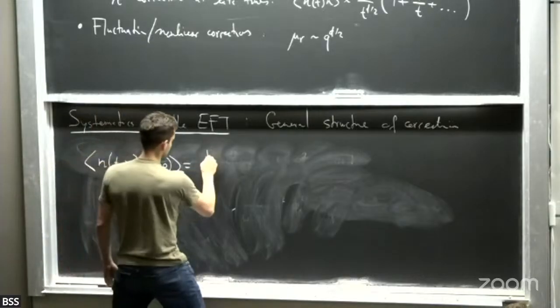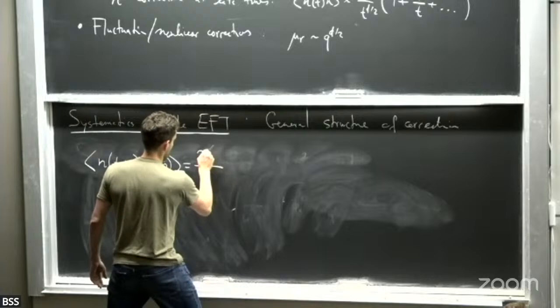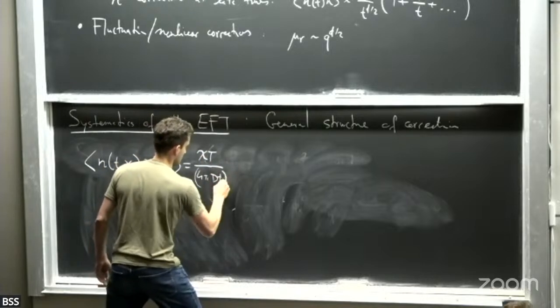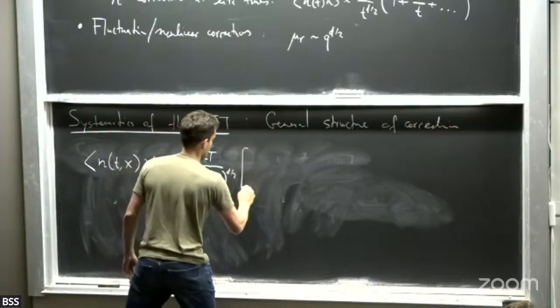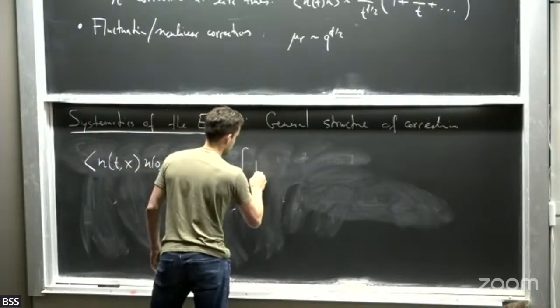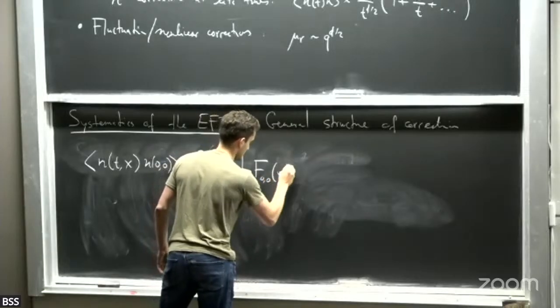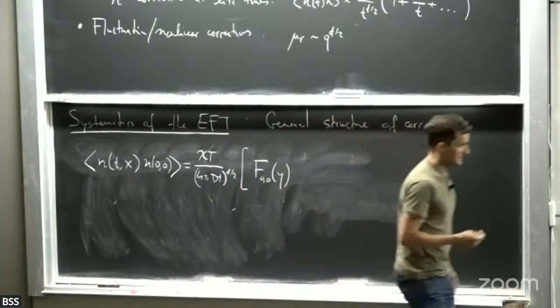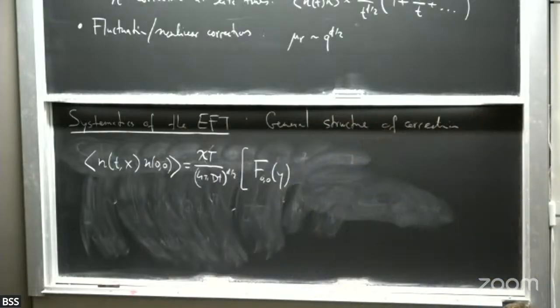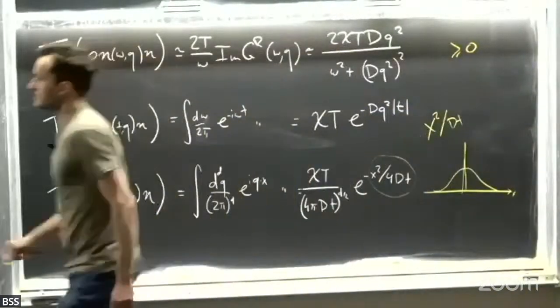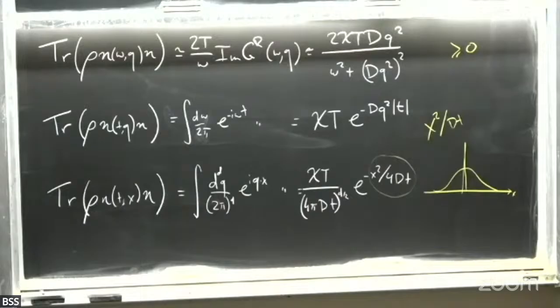So we have this leading order behavior times the Gaussian. And let me write it in terms of a scaling function of, so there's a natural scaling variable in the context of diffusive systems, x squared over t, which I'll just call y.